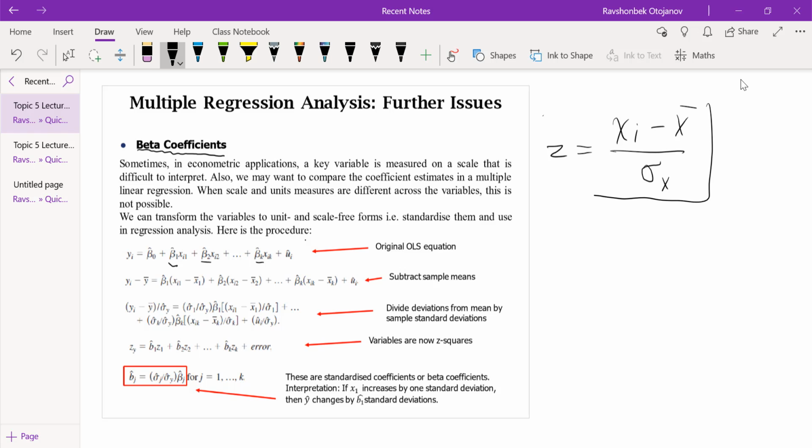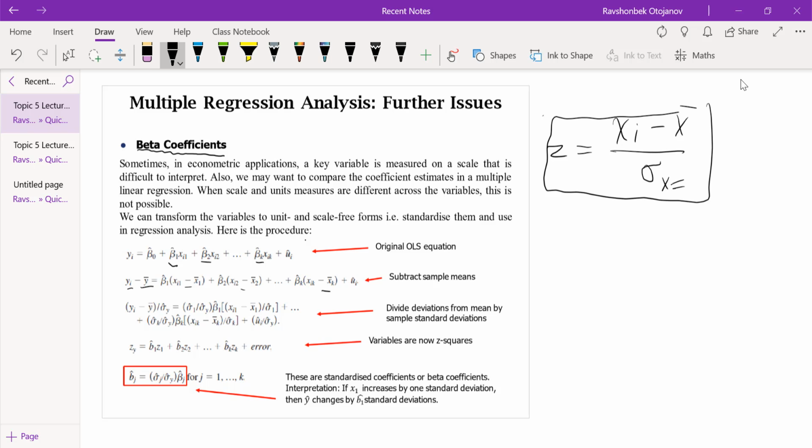That would be the transformation of our variable. To do that, we take away the mean of each variable from their observations. So for each variable, we just express them in their deviation from the mean form, and then we divide them through by their standard deviation.